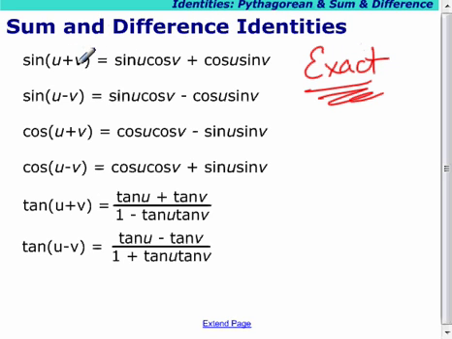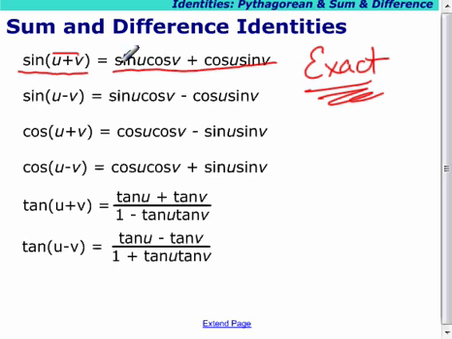So this one says if I'm taking the sine of the sum of two angles, rather than do that, I can take the sine of the first times the cos of the second plus the cos of the first times the sine of the second.